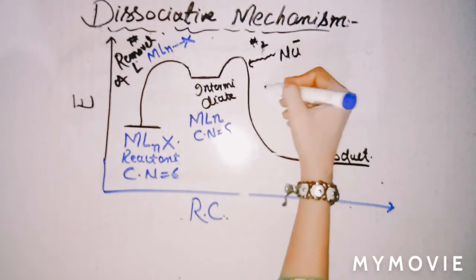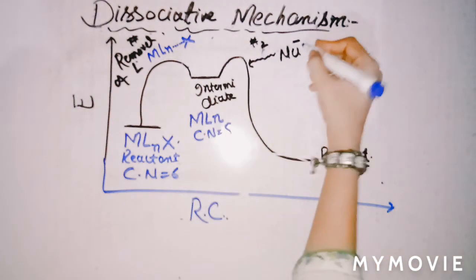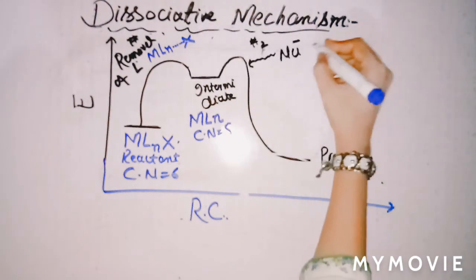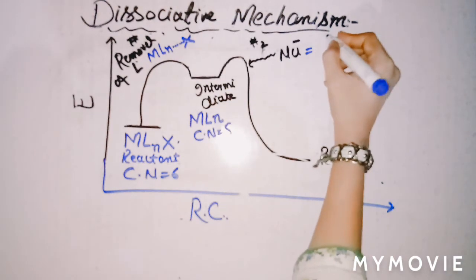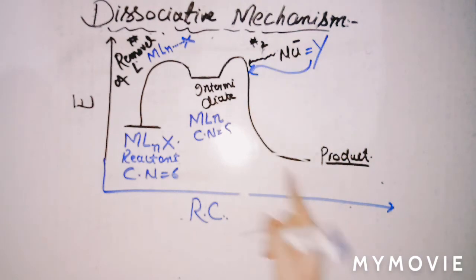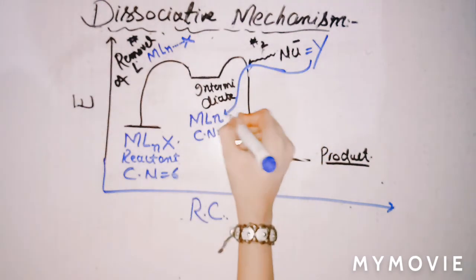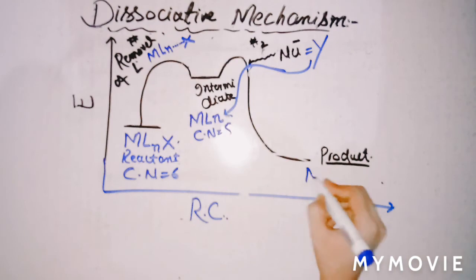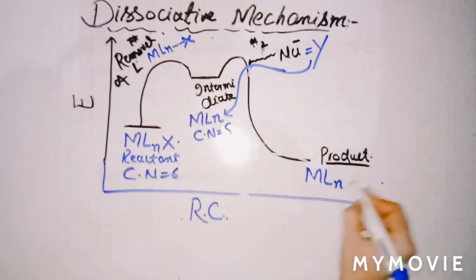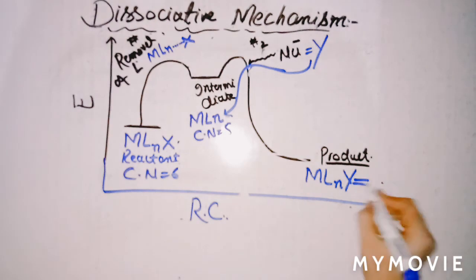And by the attack of the nucleophile, the product is formed. The incoming nucleophile is represented in the last reaction as Y. So Y attacks the intermediate, and we get the M L N Y product, which has the least energy value, so it is a stable product.